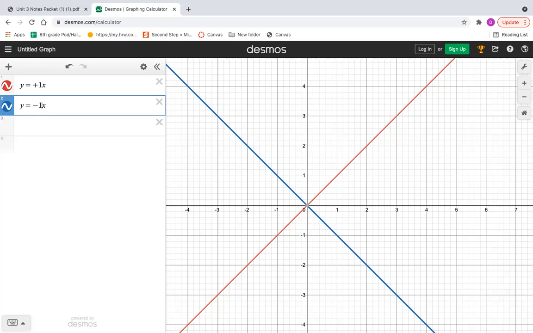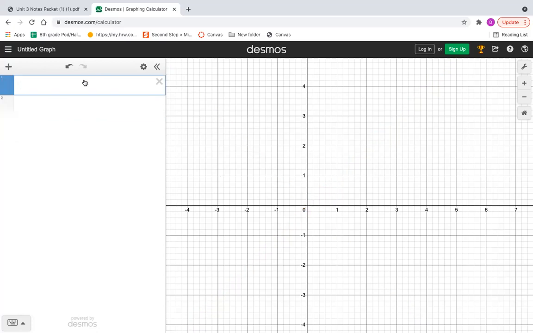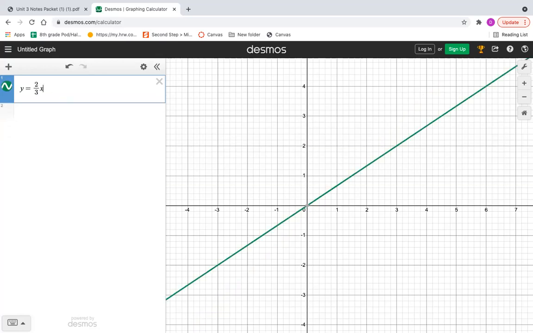So for example, I'm going to make up 2 different ones just so you can reference them. Let's say we have y equals, we'll even include some fractions in here, 2/3 x. So we see this green line, right? It's kind of just going up. It's a little bit more flat and level than our normal parent function, but it's still going up.